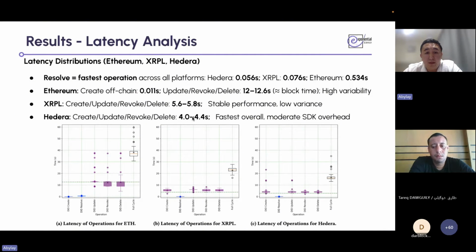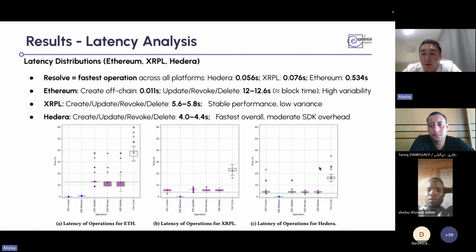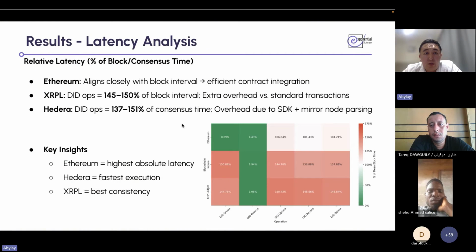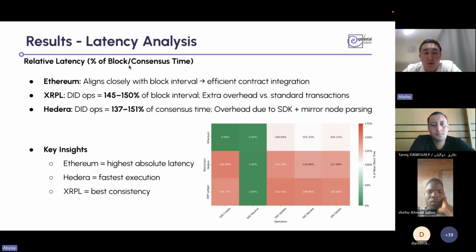In Hedera, Hedera basically wins on absolute latencies. It's the fastest overall, and we have seen some variance, as you can see from the right side of the picture for Hedera. It's due to moderate SDK overhead. And what about relative latency, compared to the ledger's block consensus time?